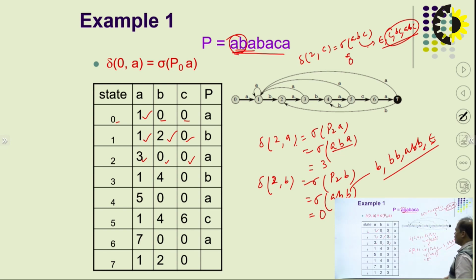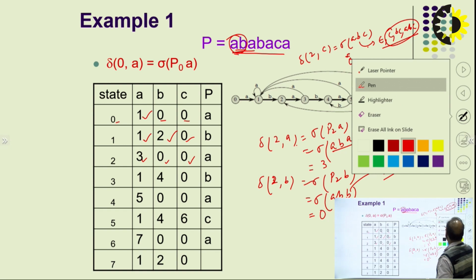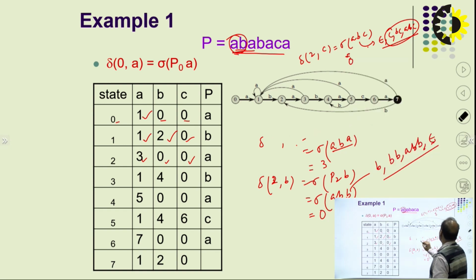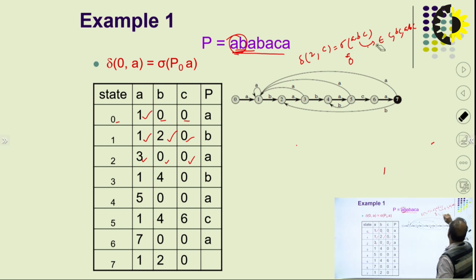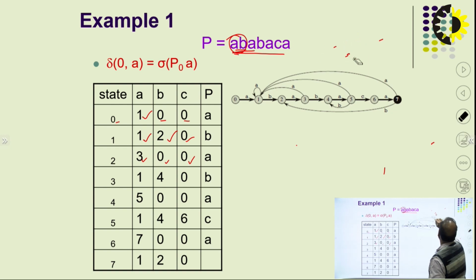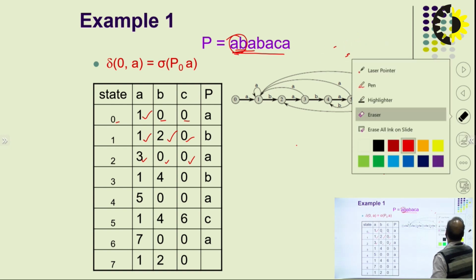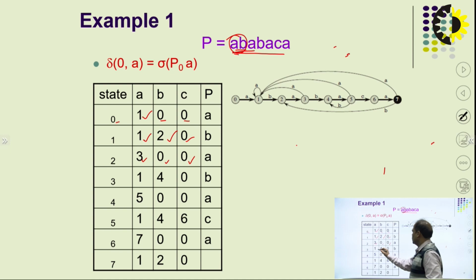So let's consider the transitions on 3. Delta 3 comma a.